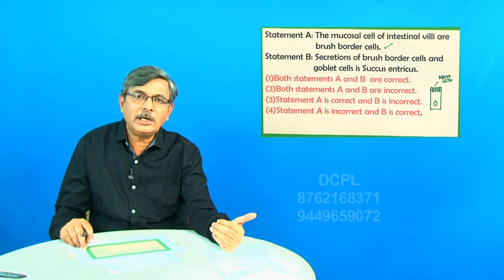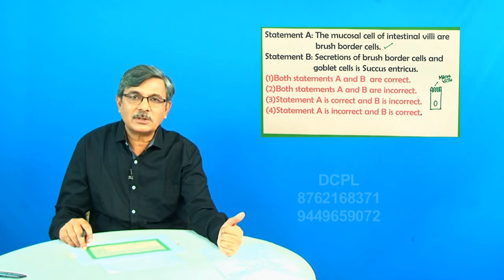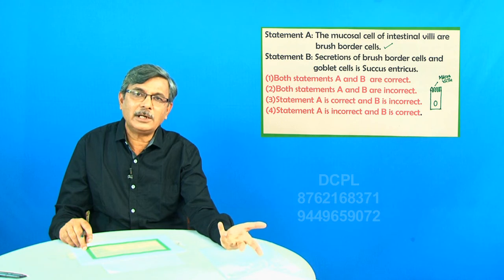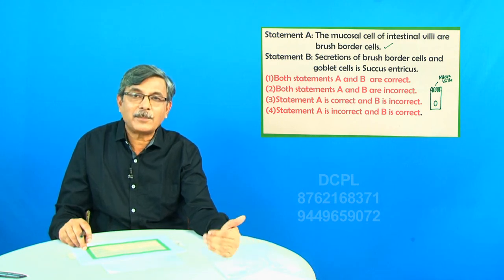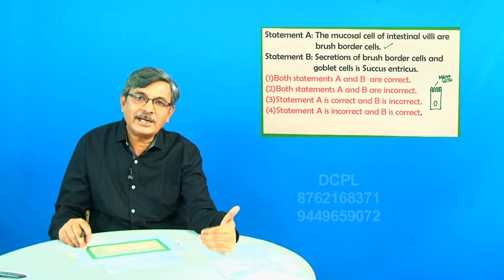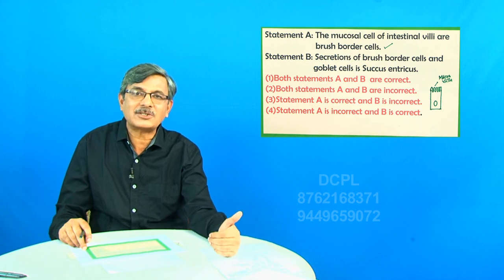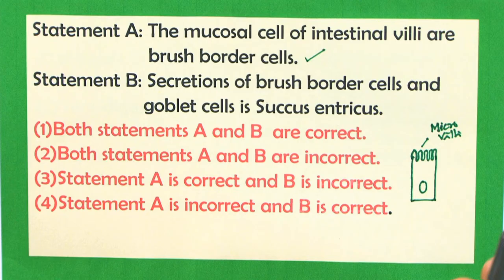Remember, the intestinal juice, called succus entericus, carries digestive enzymes. For example, it carries maltase, sucrase, lactase, dipeptidase, tripeptidase, nucleosidases, nucleotidases. And these are the cells which are going to secrete them. So this part is correct.